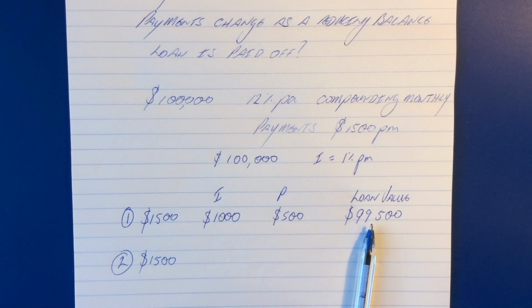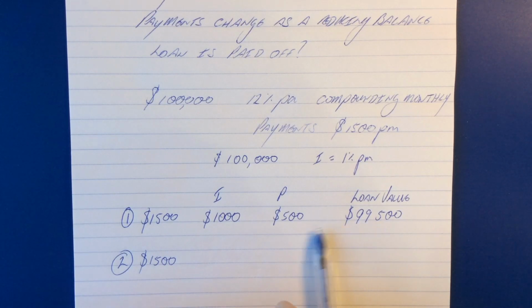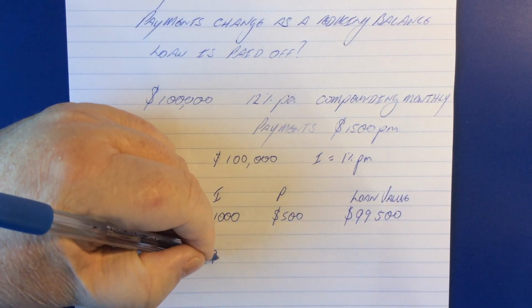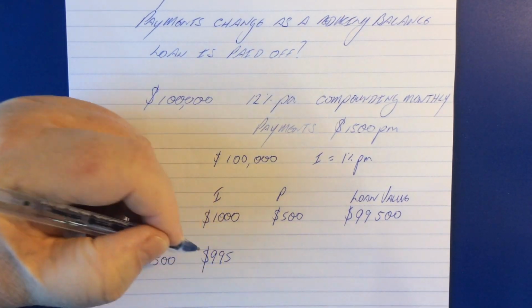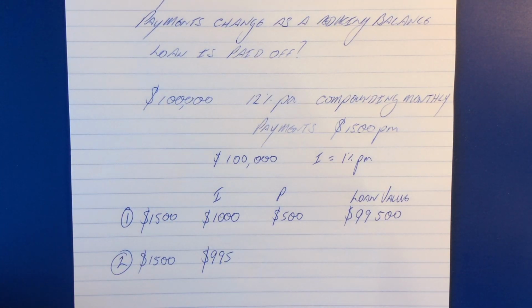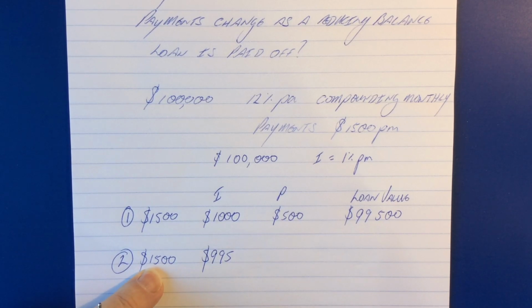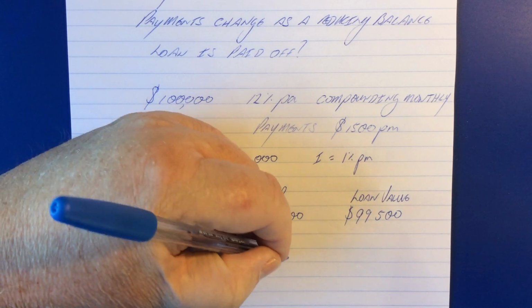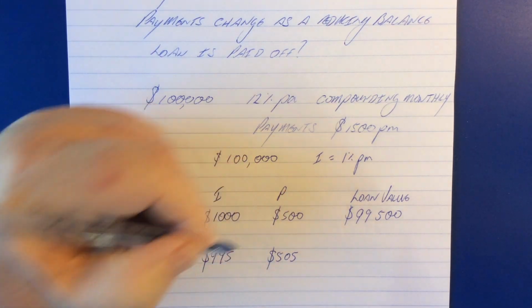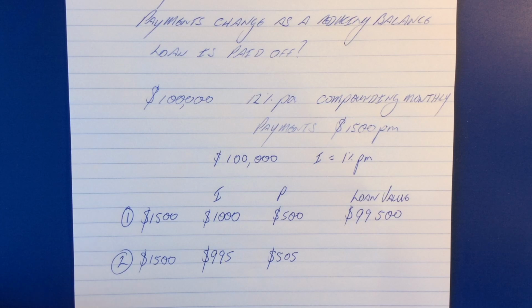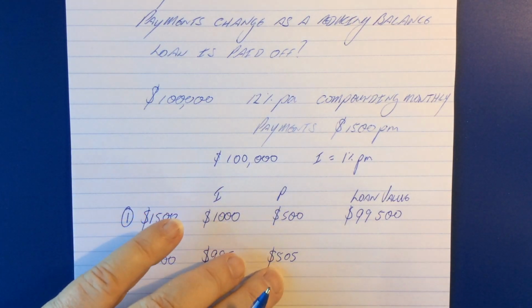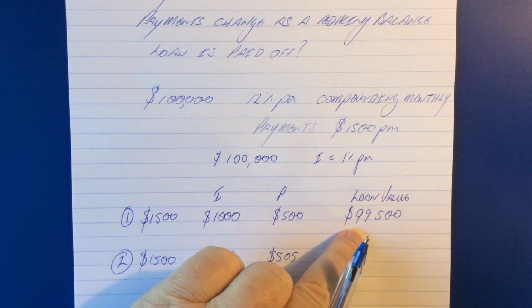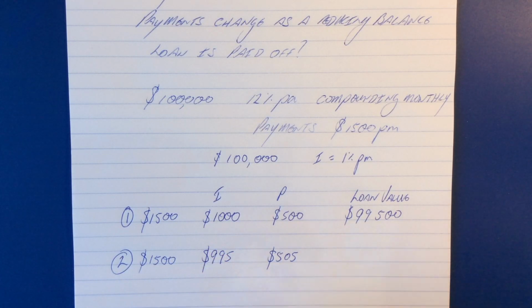So if we multiply that by 1%, what we get is an interest bill of $995. Now that's going to leave some money over from this. It's going to leave over $505. And that is the payment that goes to making this loan smaller.